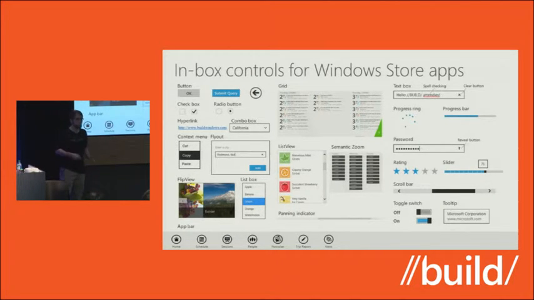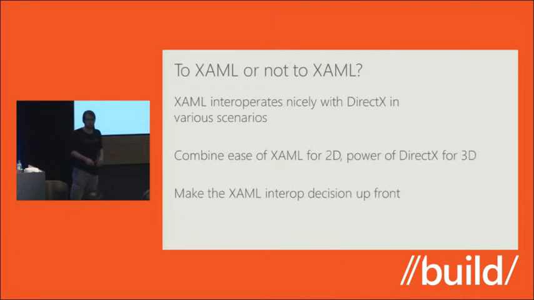But there are some trade-offs if you decide to use XAML with your DirectX app. Some of the trade-offs include if you want more flexibility with your DirectX app. Maybe you want pixel-level control with your app. Well, then you would want to go pure DirectX.